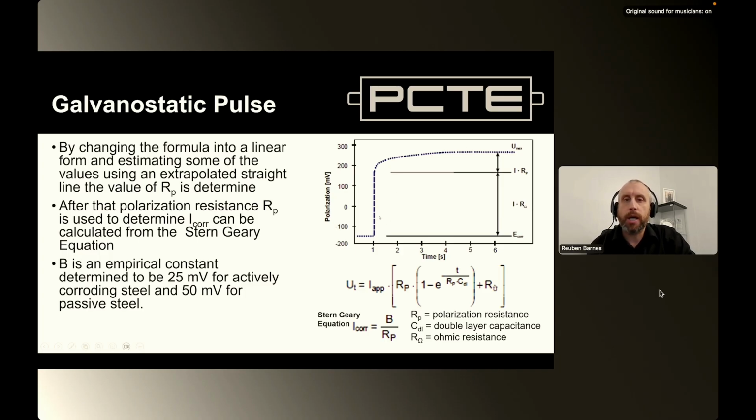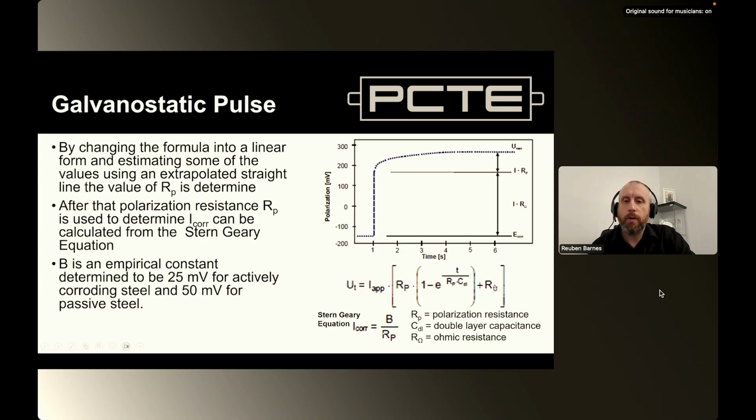So we get this line, and this monstrosity of an equation here is effectively just predicting this curve. And you'll note that my Rp is part of this. We then basically assume a few of the other numbers, and some of them are part of the reading that we've actually taken, and we back calculate this number here using the curve that we've measured on site.